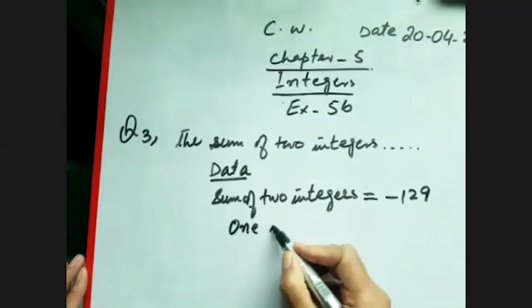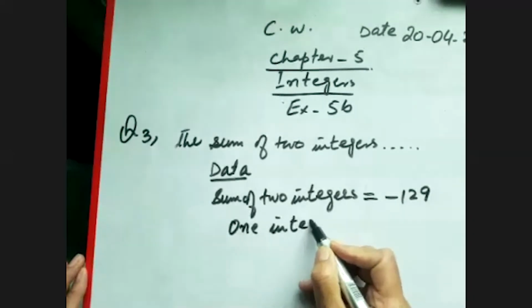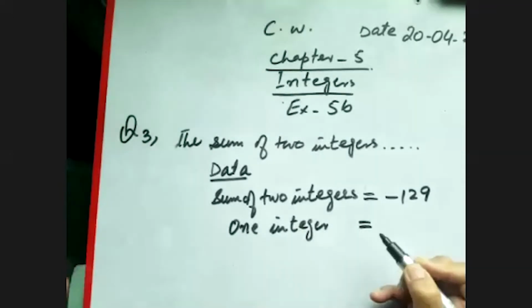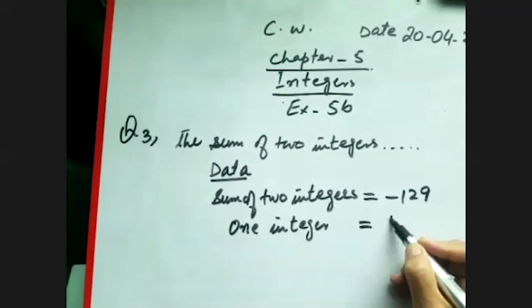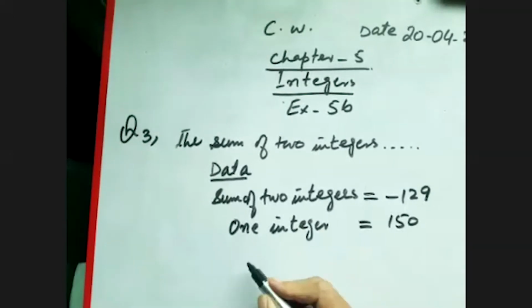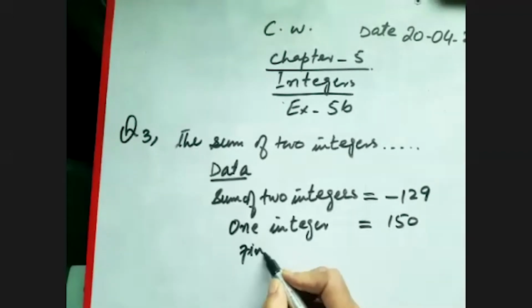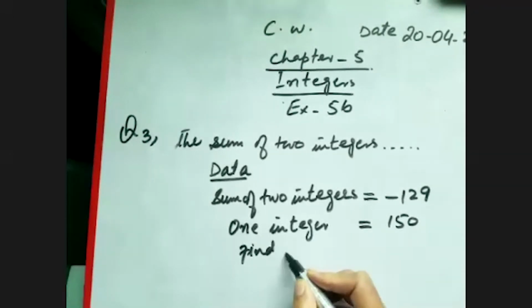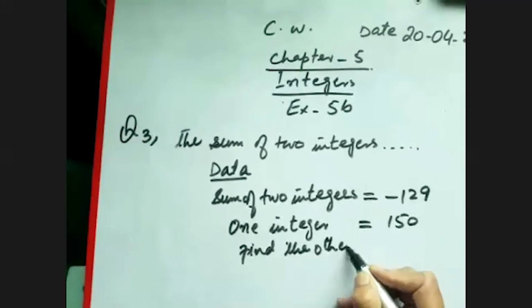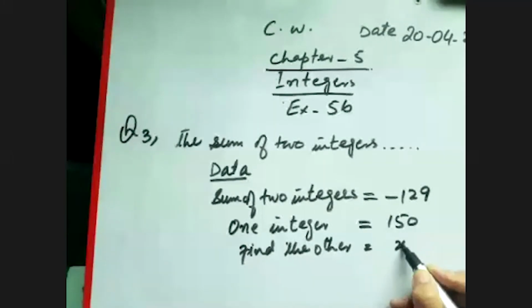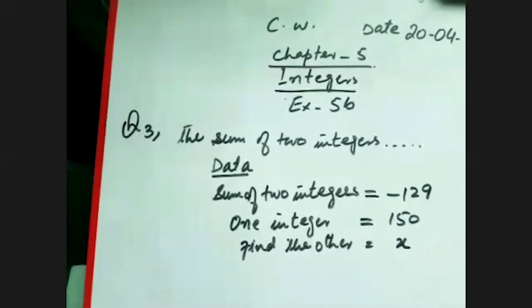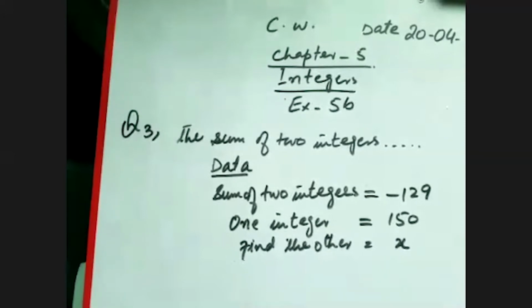One integer is 150. Find the other, maybe x. So you will denote the other integer with x.